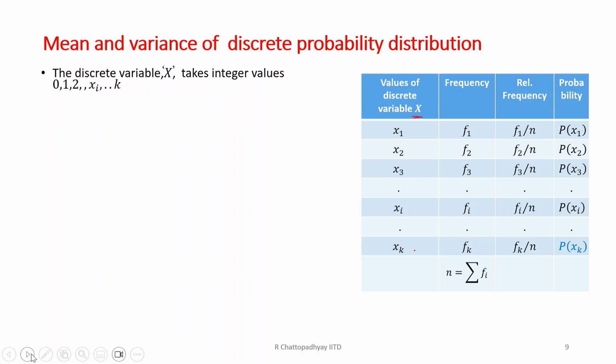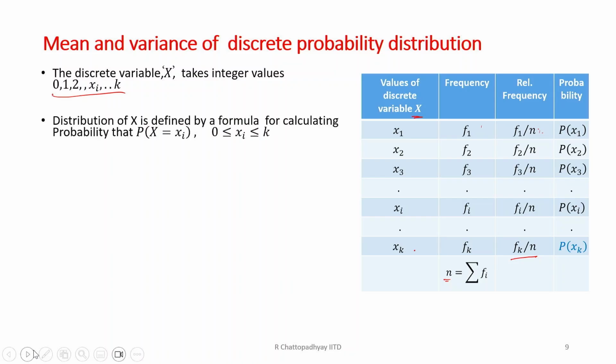It cannot take a value like 1.2 or 2.5, because it is discrete in nature. It will only take integer values. So the x1, x2, x3 that we have written here could be any one of those. This is the frequency column. This is the relative frequency column. It is f1 divided by sigma fi, which is n. So this column is relative frequency, and relative frequency is basically the probability.